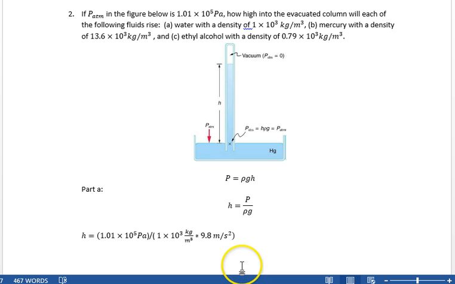So 1 times 10 to the 5th pascals divided by 1 times 10 to the 3rd kilograms per cubic meter times 9.8 meters per second squared. All right, what do we get?